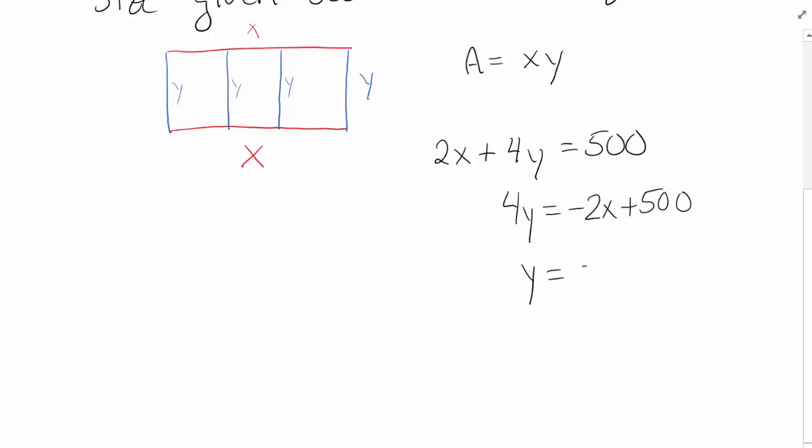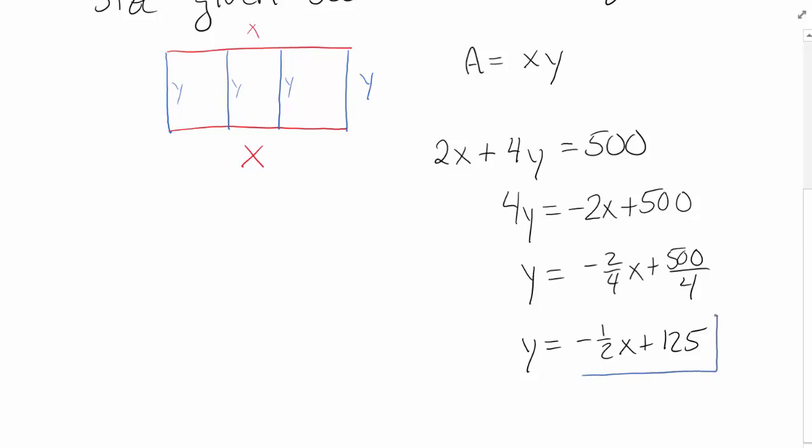Divide by 4, I'll get negative 2/4 X plus 500 over 4, which means Y is equal to negative 1/2 X plus 125. Okay, so what this means is my Y is equal to negative 1/2 X plus 125.